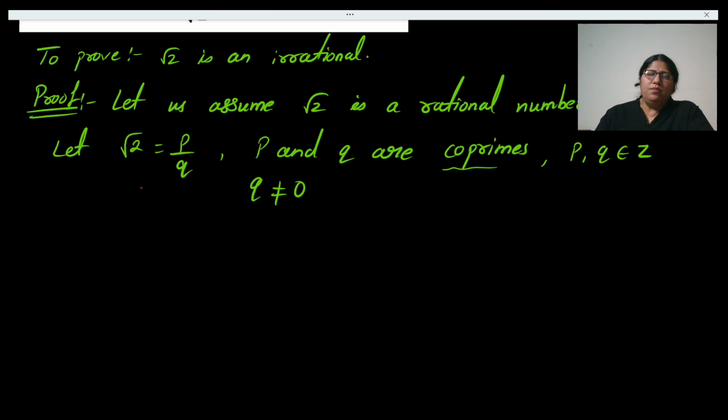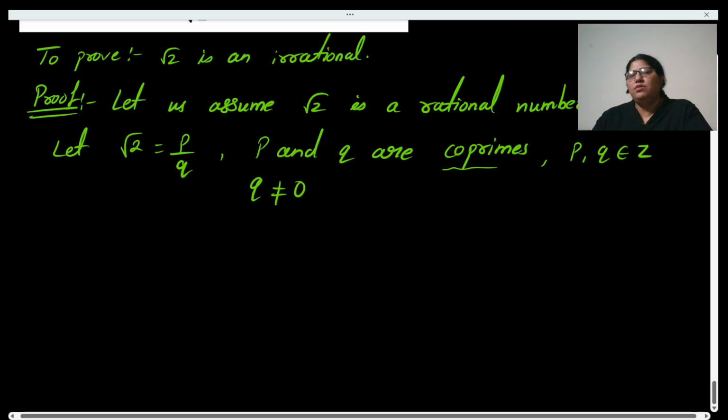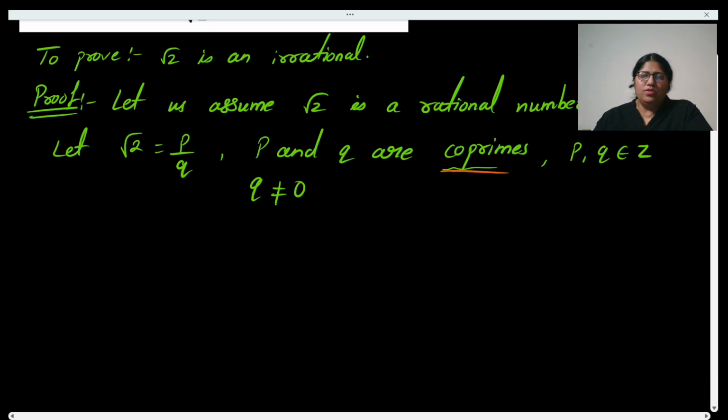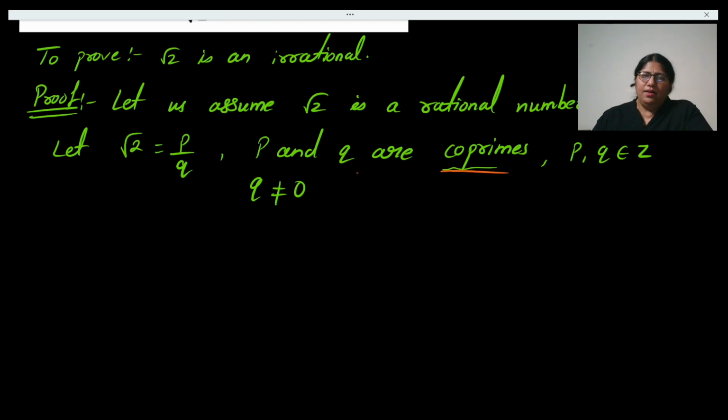Now because it is in p by q form, can I square both sides? Because what are we going to do here? Co-primes means p and q have only one as their common factor. Co-prime means one as the common factor.